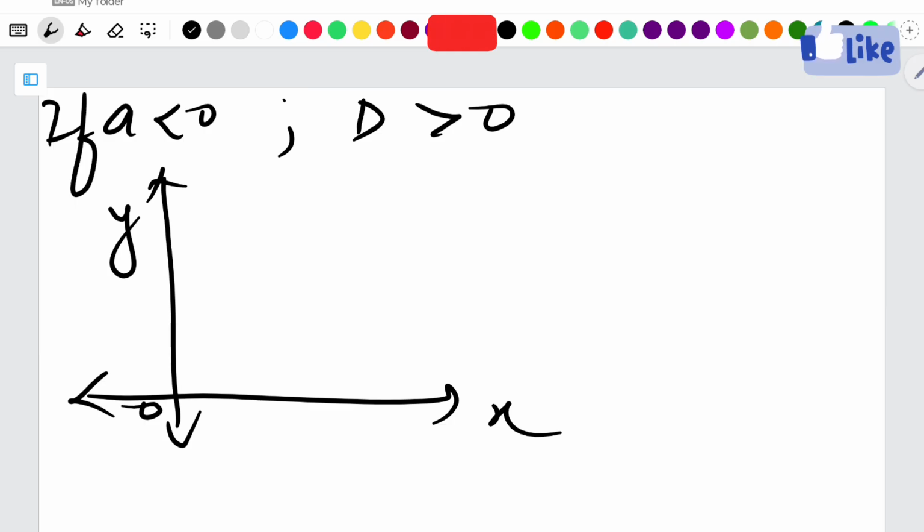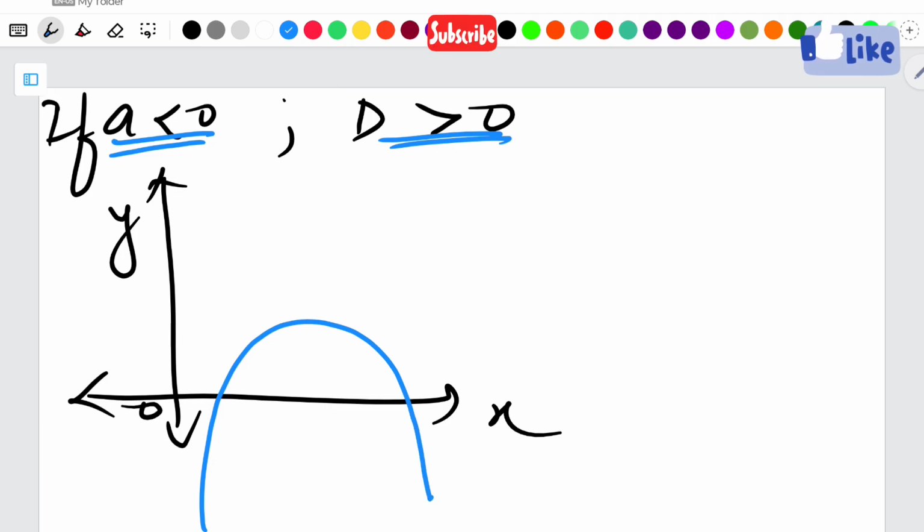This one is representing origin. Now see, D is greater than 0 is revealing that there will be two real distinct roots, and A is negative means downward parabola. So there will be a graph like this. One root is at this point and the other one is at this point.